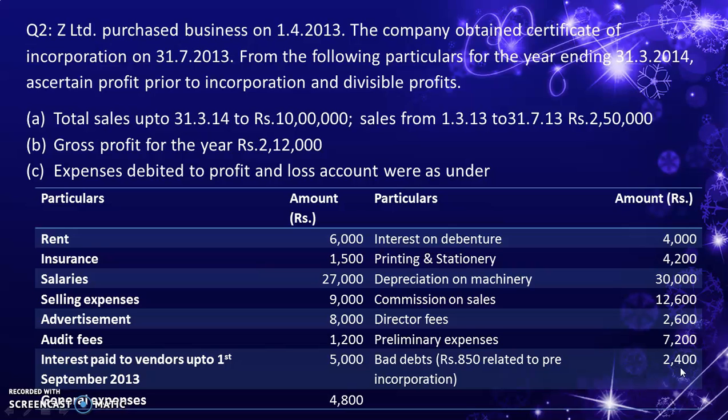Preliminary expenses, note number 5, post-incorporation. Bad debts, rupees 850 related to pre-incorporation. As the actual amount is given, we have to place the actual amount in note number 5. Bad debts, 850 for pre-incorporation period. Balance, out of 2,400, 850 is pre-incorporation period bad debt, and the remaining will be in the post-incorporation column.